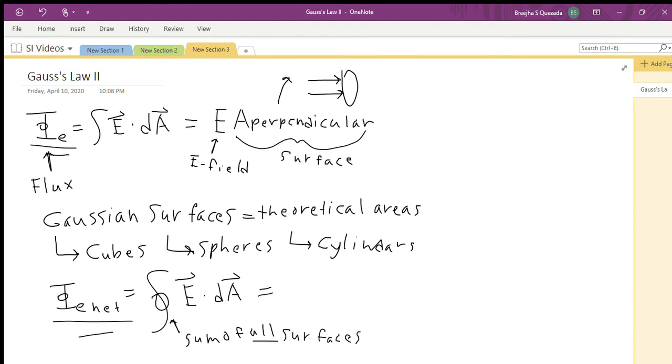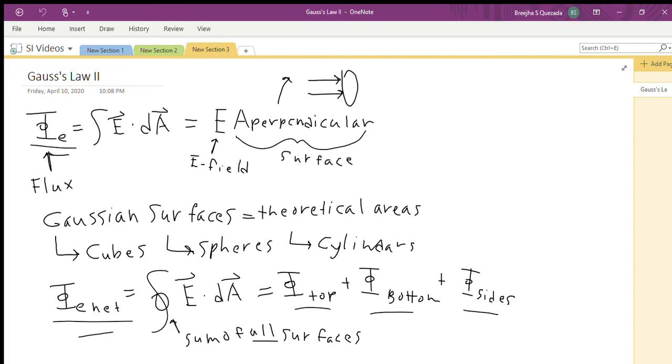This can also be rewritten as the sum of the fluxes. So we have the flux from the top plus the flux from the bottom and the flux from the sides. All of these values are relative to these shapes. With a cube, you can usually say it has a top, bottom, and sides.